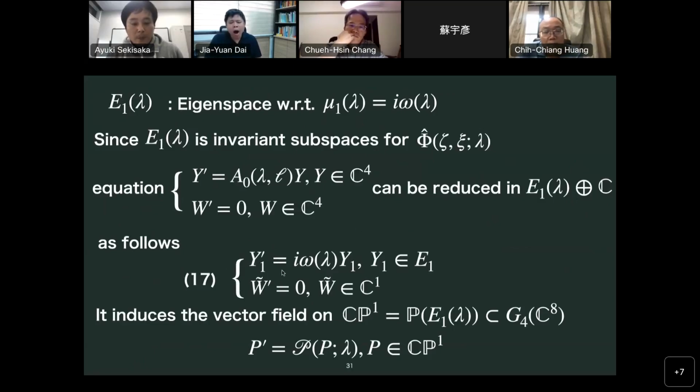This is a vector field on a two-dimensional complex vector space C2, and it induces a vector field on CP1, the complex projective space. That means CP1 is in the Grassmannian manifold, and the vector field is expressed as this equation, P dash equals script P.